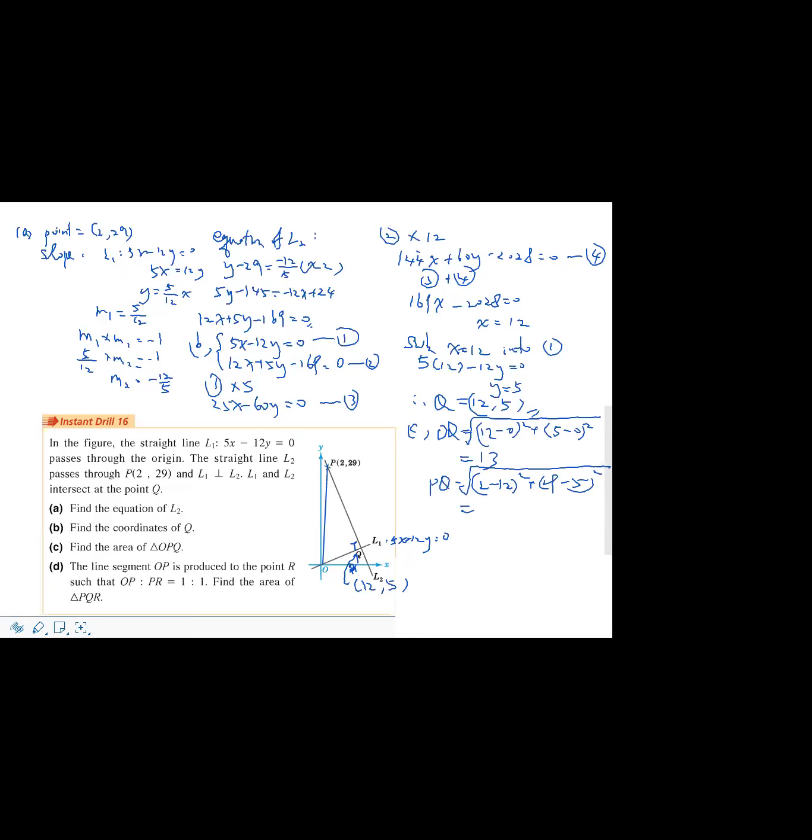And I think it should be equal to 26. Yes, okay. And then PQ is equal to 26, OQ is 13, which means that the area of triangle OPQ will be half times base times height. That should be 169. All right. Okay, so that is part C. Part D is very easy.